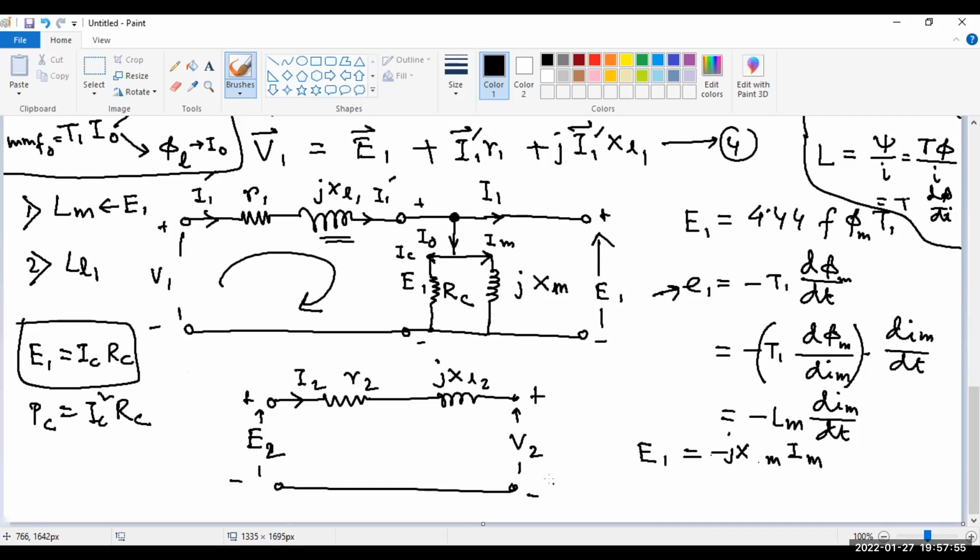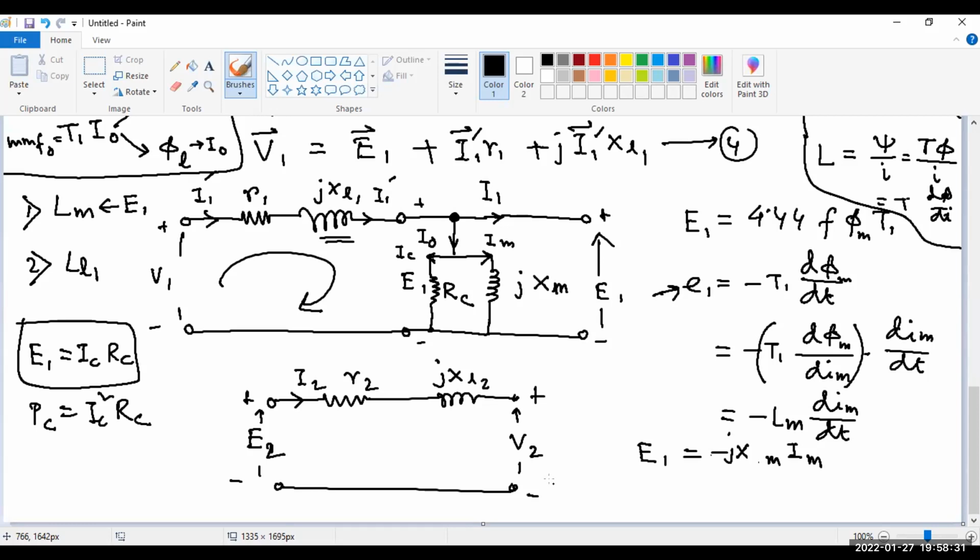The equivalent circuit of a transformer will be a single circuit in which both the primary and secondary parameters and variables are represented. Here the first circuit is the primary equivalent circuit and the second circuit is the secondary equivalent circuit.